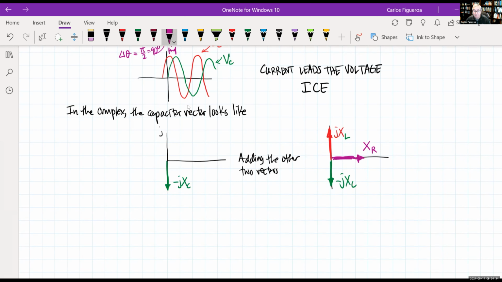So I have these vectors, and then how we interpret these vectors is the whole goal of phasors.